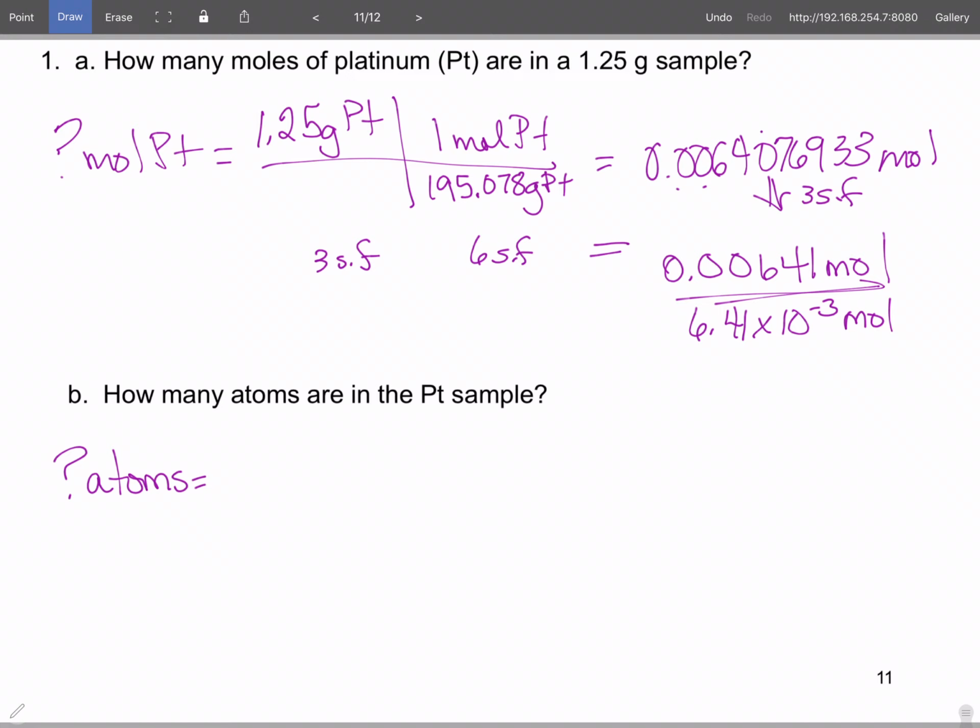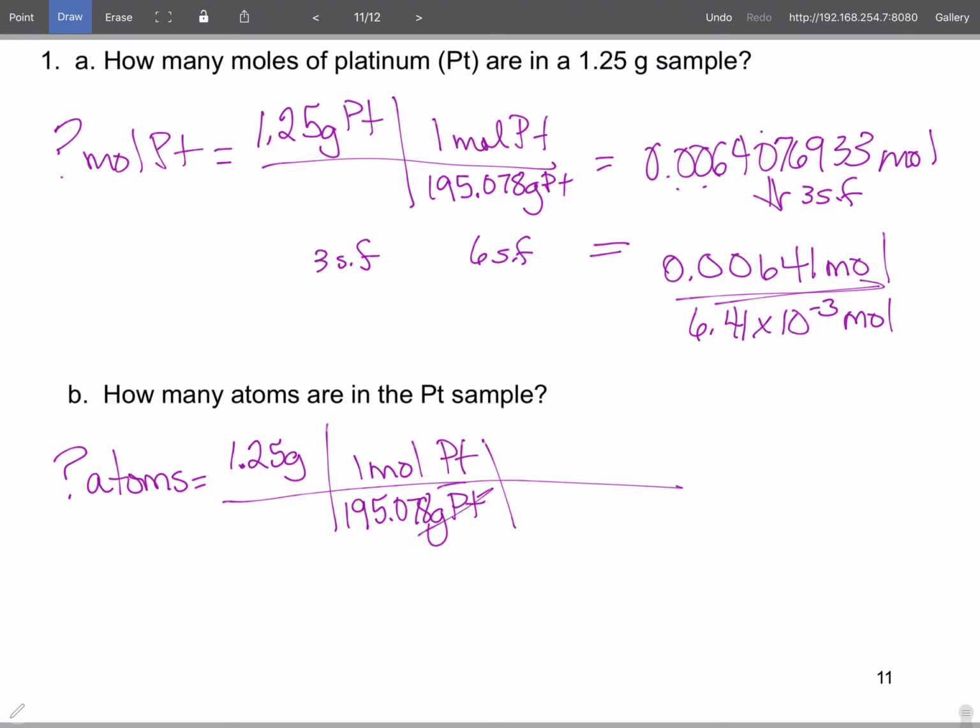If you start over and don't use a previous answer, you're going to have to use the previous answer in a variety of places coming up, but if you don't have to, don't. Okay? So we're going to again go back to 1.25 grams of platinum, and we use the same molecular weight, and when in doubt, you can look it up, per 1 mole.